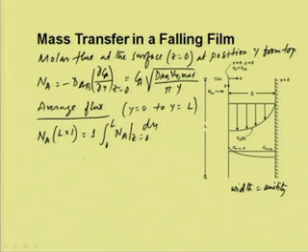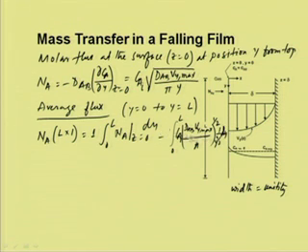So, this will be equal to 1 integral 0 to L C A i into D A B V y max divided by pi to the power half into 1 by y to the power half dy.